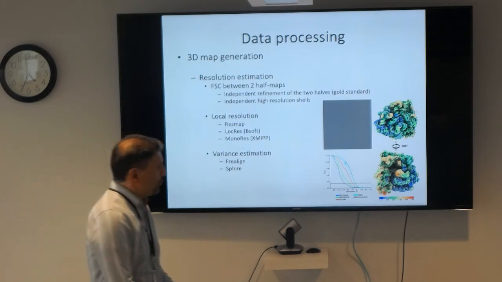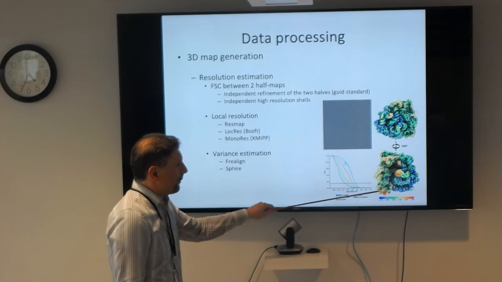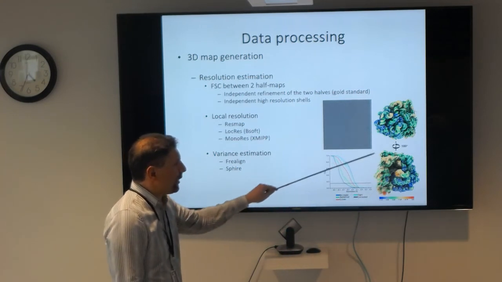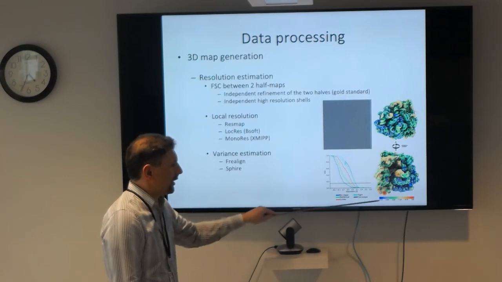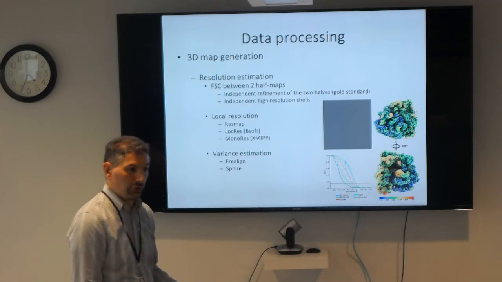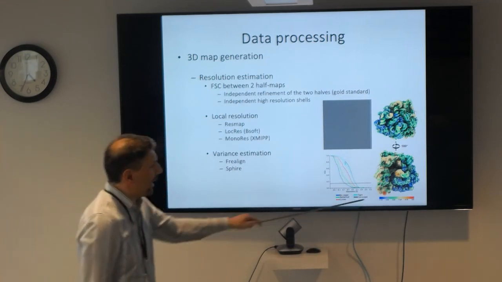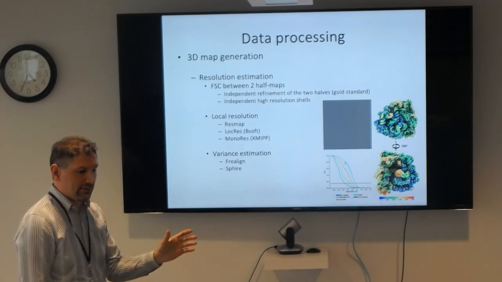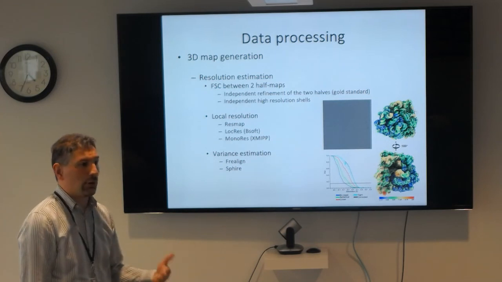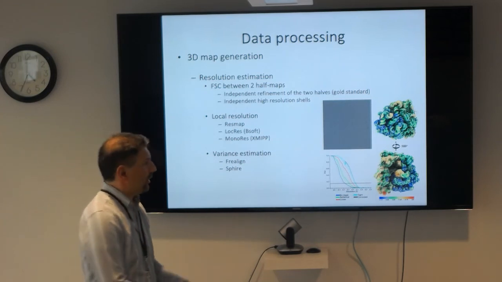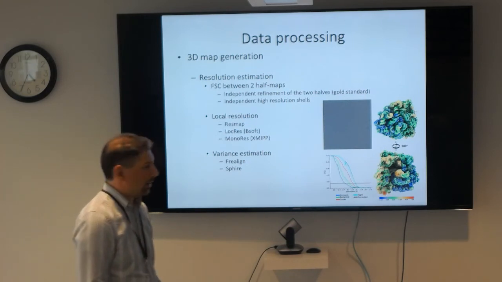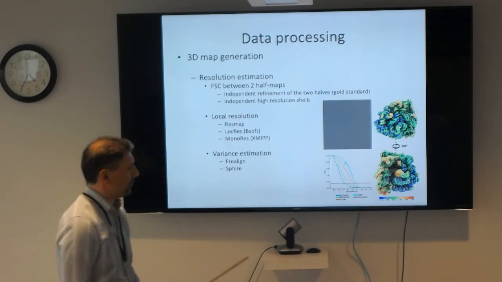And if you have regions that are lower in resolution than others that are higher, it might indicate that you have conformational flexibility there, or configurational differences. So you might want to put a mask there and do focused classification. You might pick out different states, and each one of those states may actually go to a higher resolution than the parent, because you might be averaging multiple states, so you have a low resolution molecular envelope for that particular region.